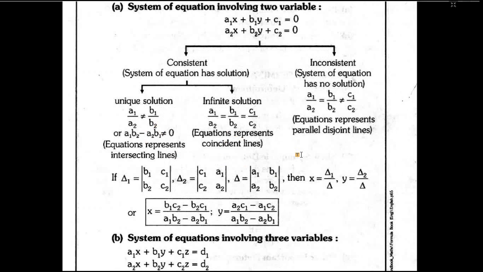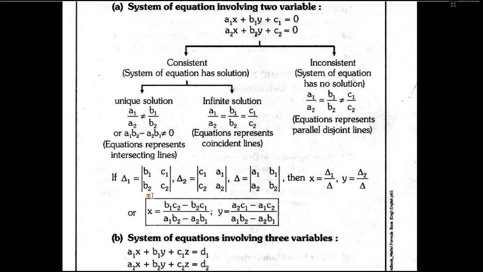Here we can see delta 1, delta 2, and delta. First we have to define them. We are talking only about two variables now; we will also talk about three variables. Delta is the determinant of the coefficients of variable x and variable y, with a1, b1, a2, b2.